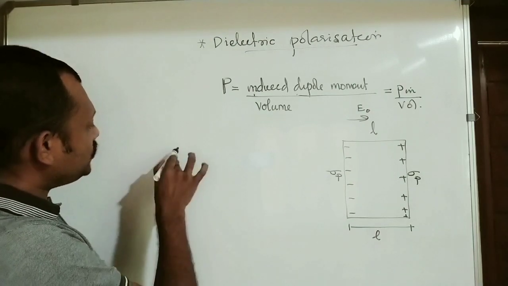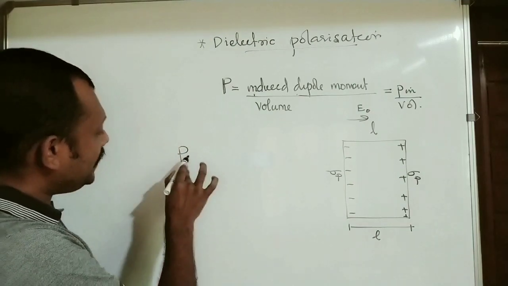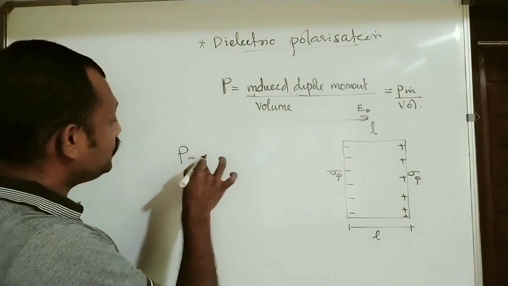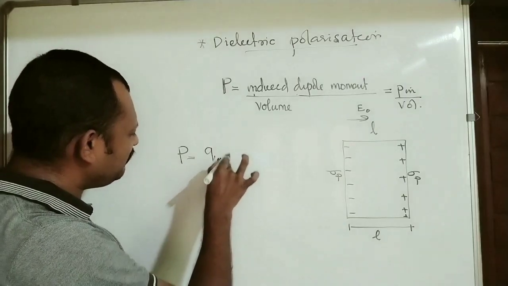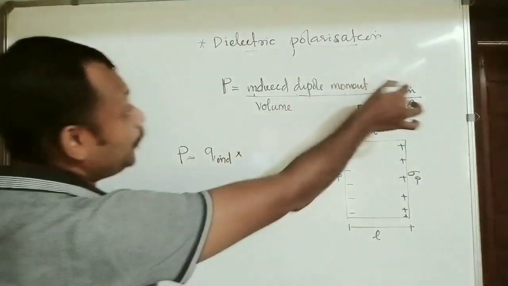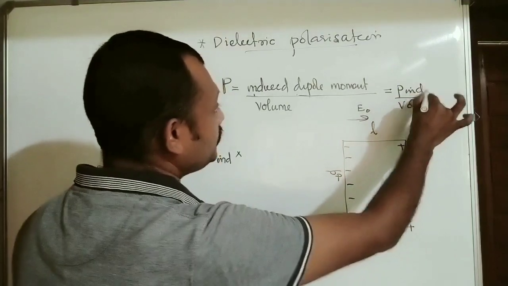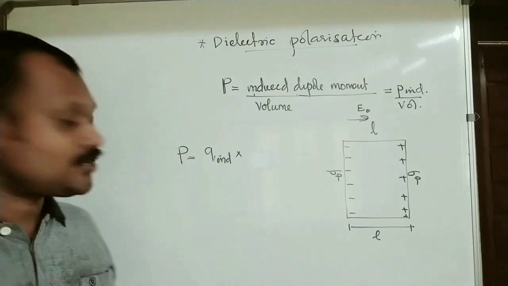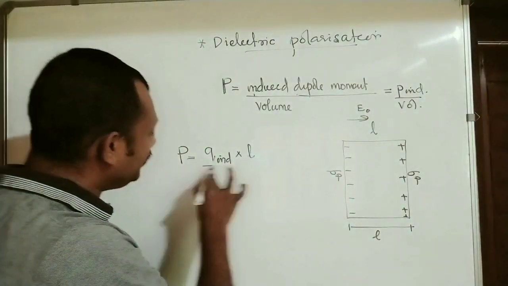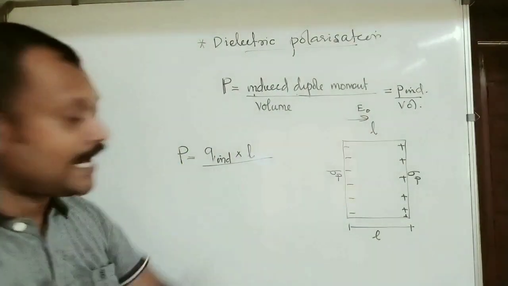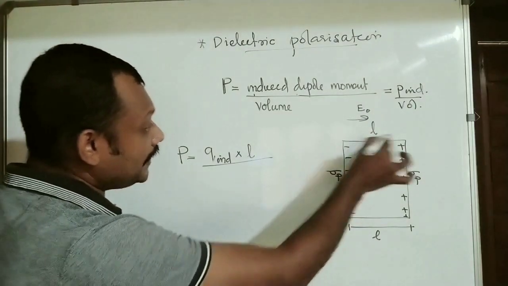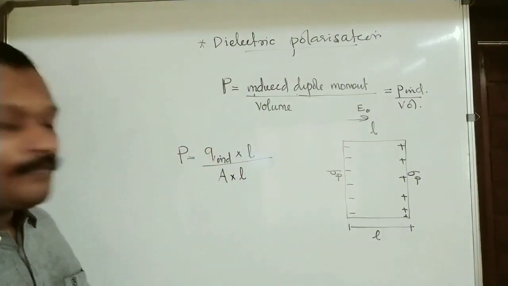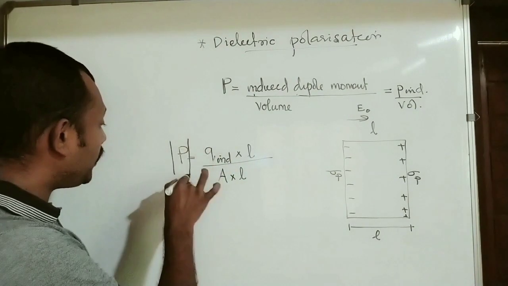Which means the polarization vector P is the dipole moment, that is charge induced into length, divided by the volume of the dielectric. Let the cross-sectional area be A, so the volume is A into L.